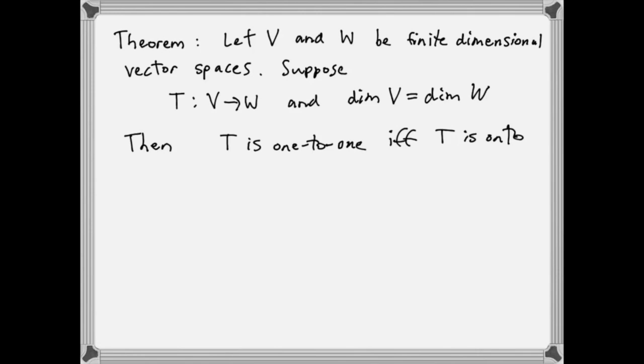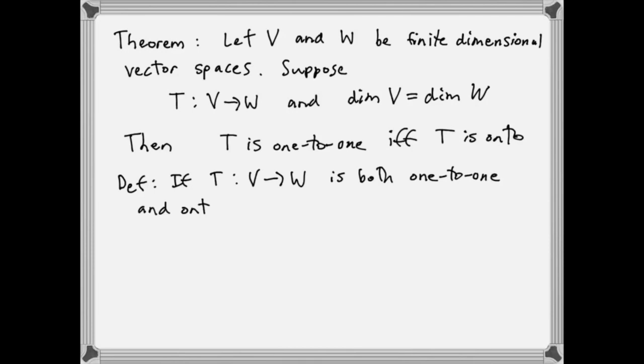So, definition. If T from V to W is both 1-to-1 and onto, then we can define another map.